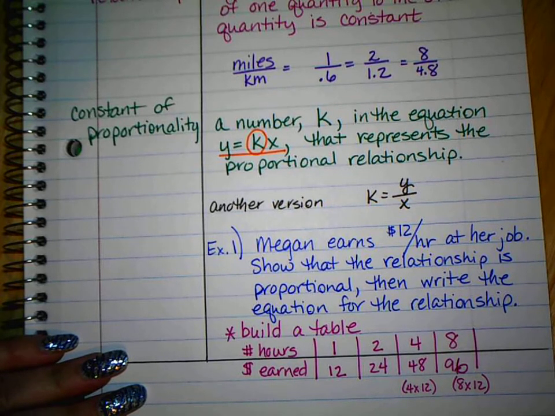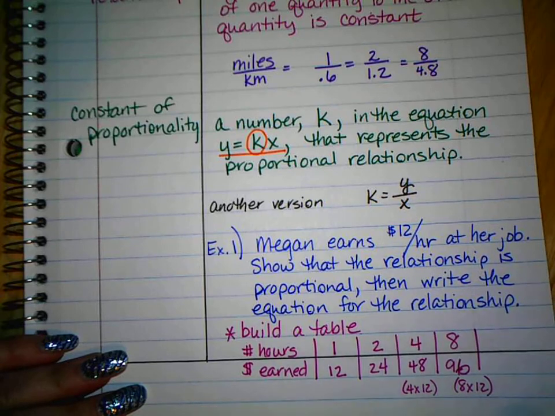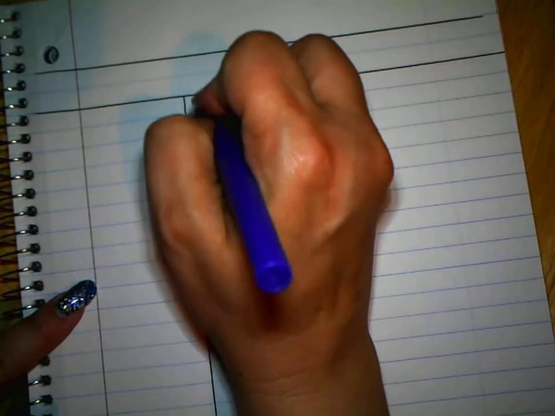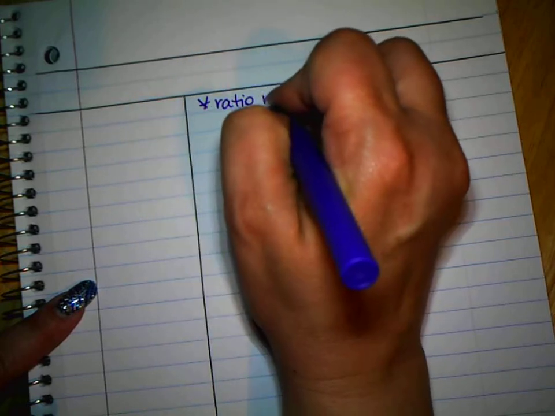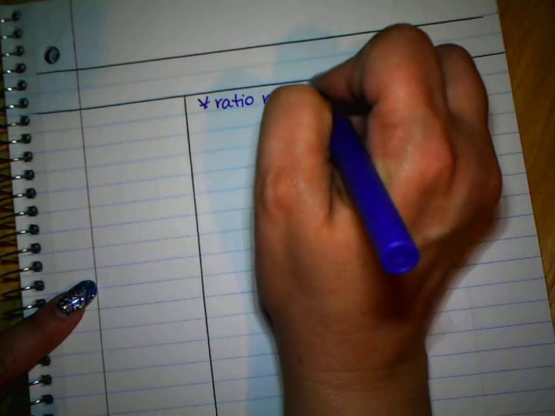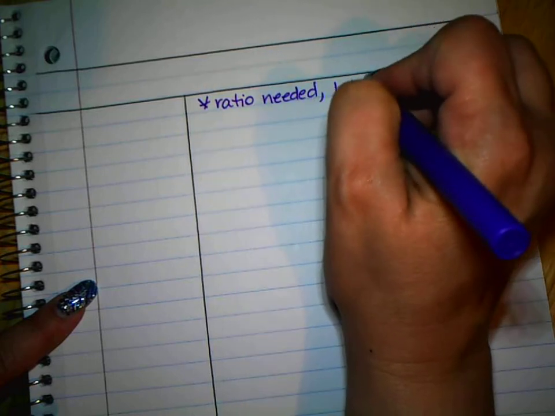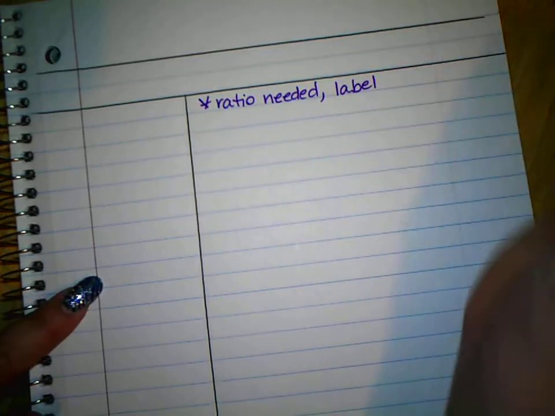I'm going to turn my page to continue this example. After we build our table, then we need to build a ratio from that table. Now, the table's on my previous page, but I remember what it was. We need a ratio. And the important thing here is to label that ratio.